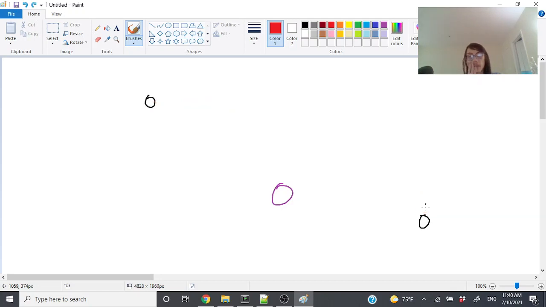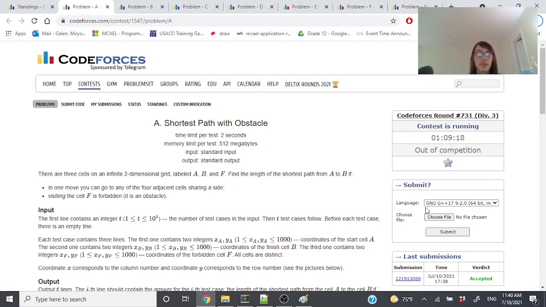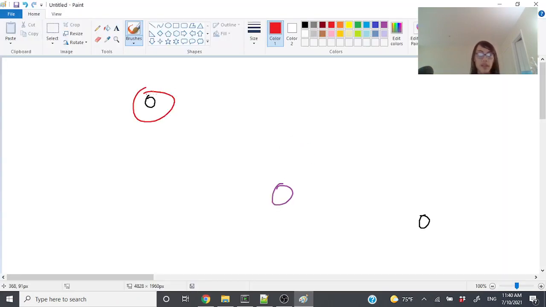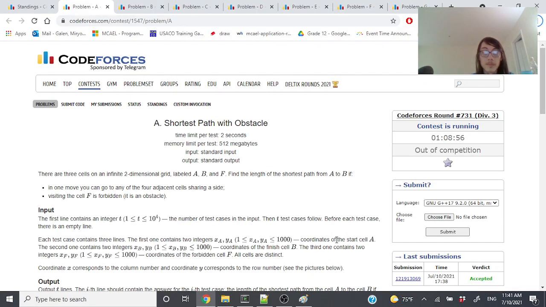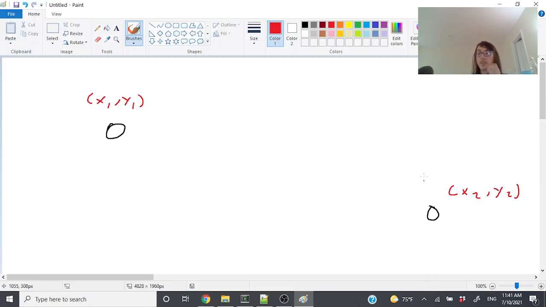So how does this work? We want to find the minimal time to get from point A to point B with this metric. It essentially boils down to casework. So consider the points we have, x1, y1, and x2, y2. I'm using 1 and 2, it doesn't matter, I don't want to write A every time.